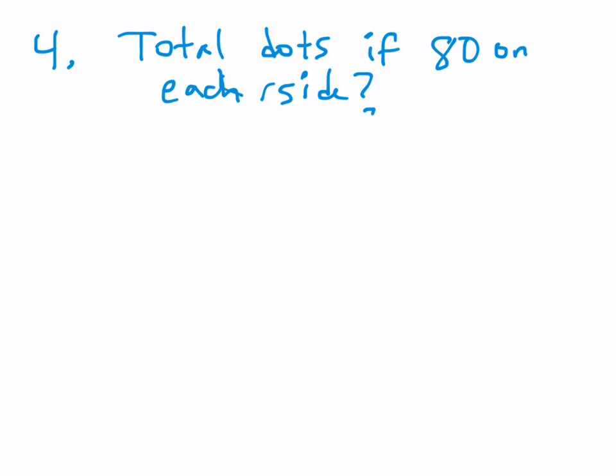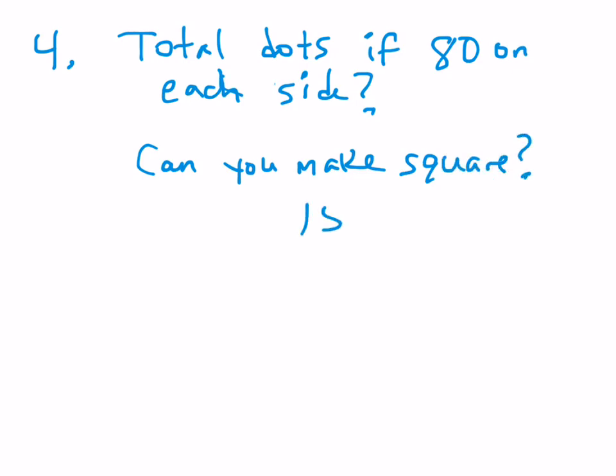Or maybe you want to know, can you make a square out of a certain number of dots? All right. So maybe we have 150 dots. Can we arrange those into the perimeter of a square? And you can come up with your own questions and go from there.